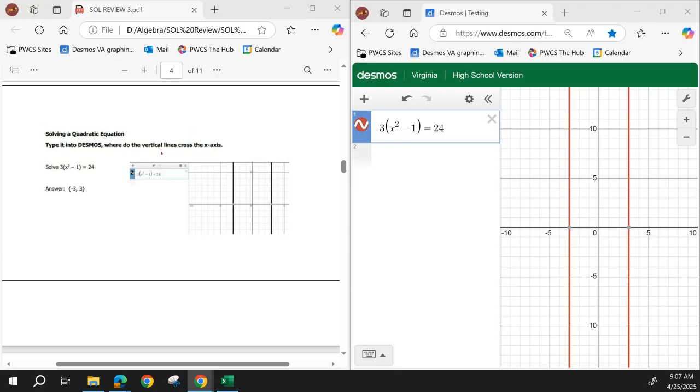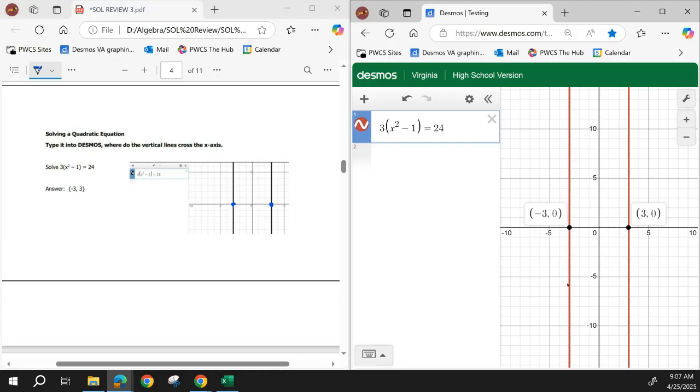So if we're looking at this first page, I graphed it on my Desmos because it might be a little fuzzy on the screen, but you can see it on your paper, that if we want to solve a quadratic function or a quadratic equation, we can put it into Desmos, and then the solutions will be located at the x-intercepts. So we'll go find those x-intercepts, and I can highlight them here. We're solving for x.